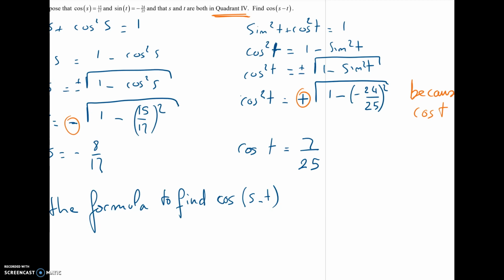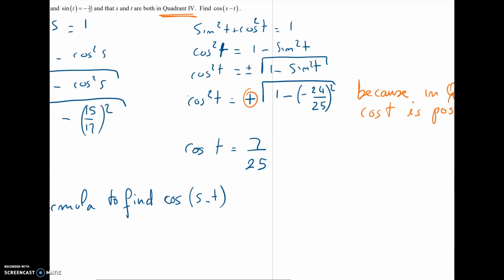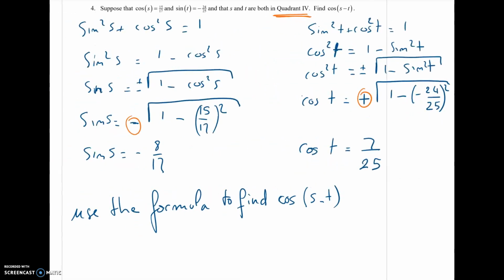You are going to take the plus when you're writing the square root, because the cosine needs to be positive in quadrant 4, and then you will have the sine and the cosine you need in order to fill up your formula and calculate the value.